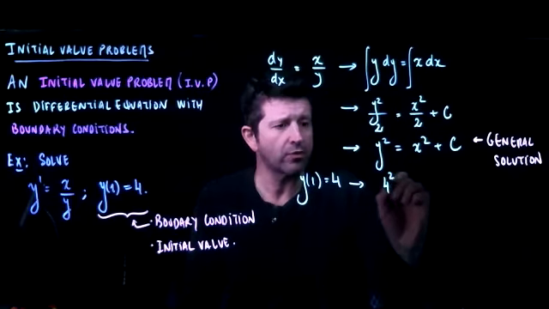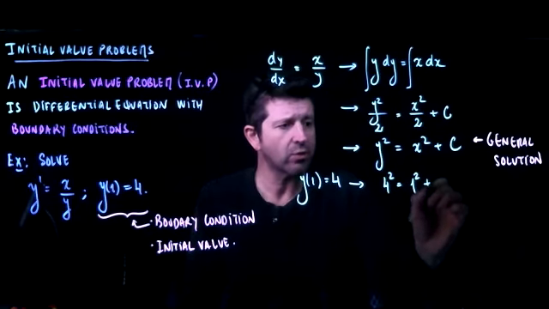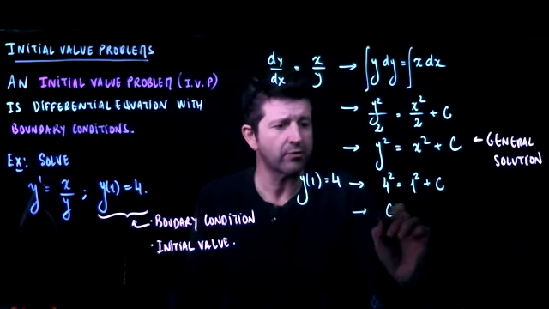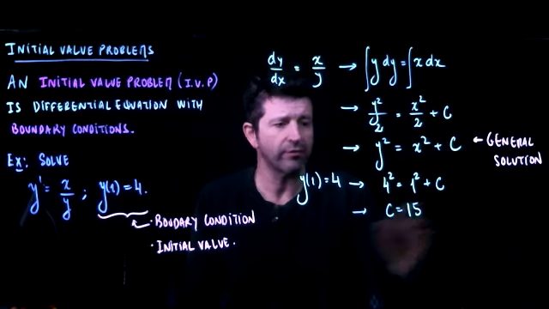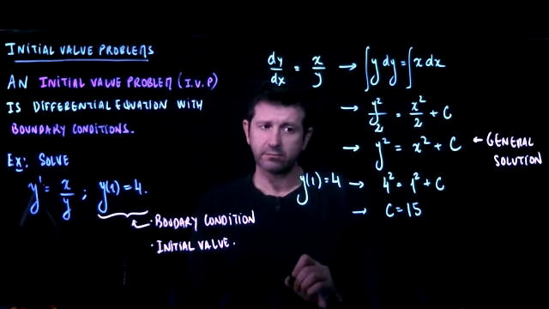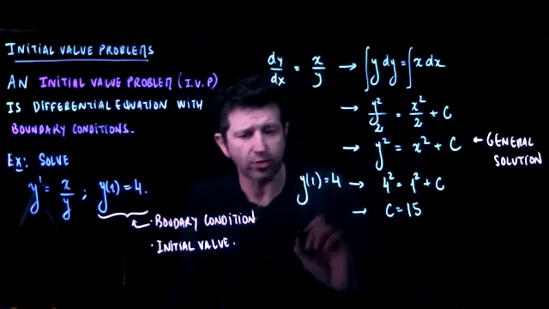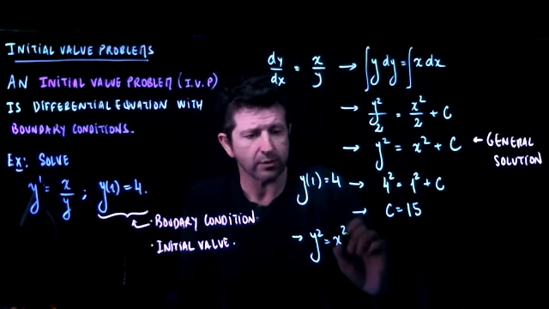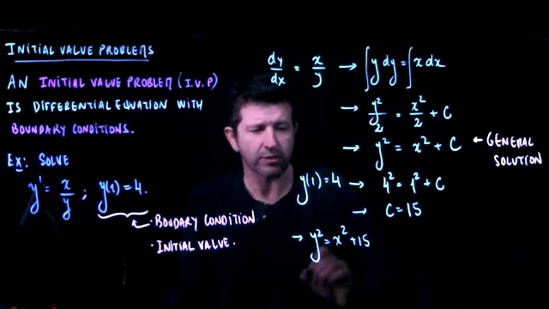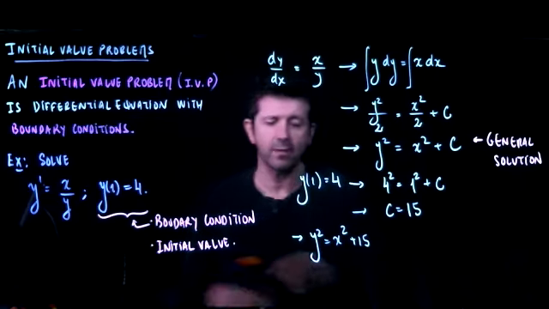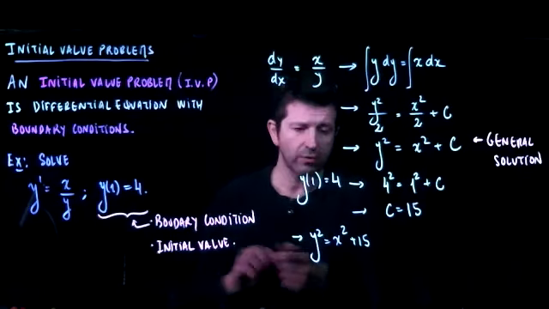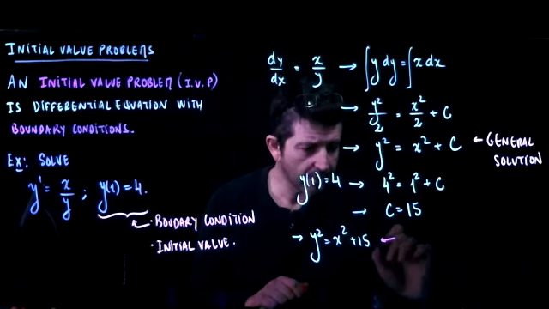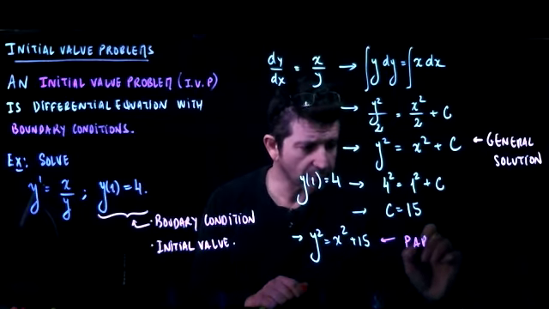So 4 squared is equal to 1 squared plus c, and therefore c is equal to 15. Okay, so my solution is y squared equals x squared plus 15. Okay, this is called a particular solution.